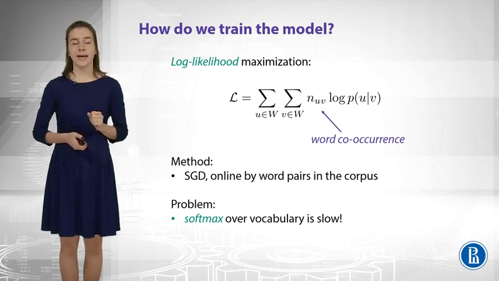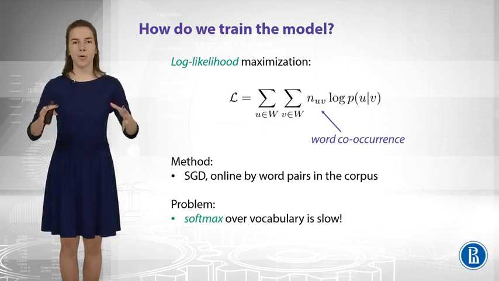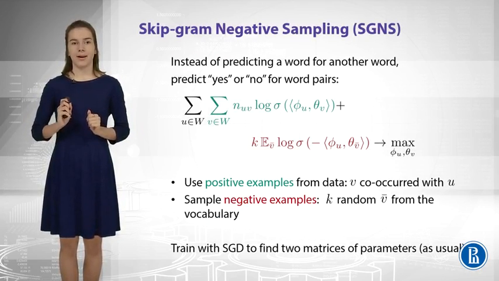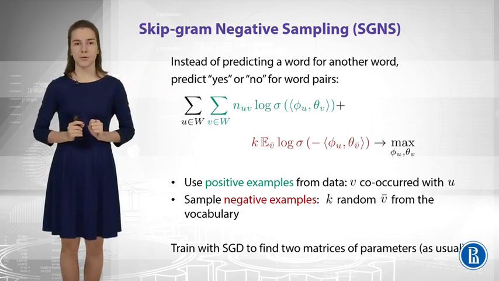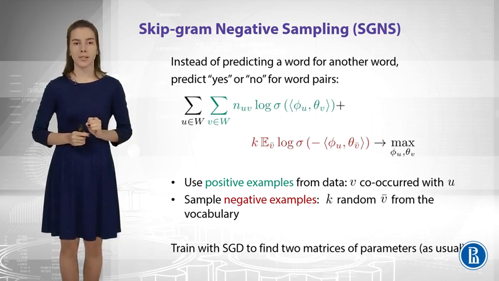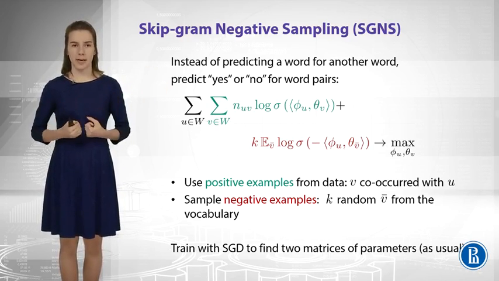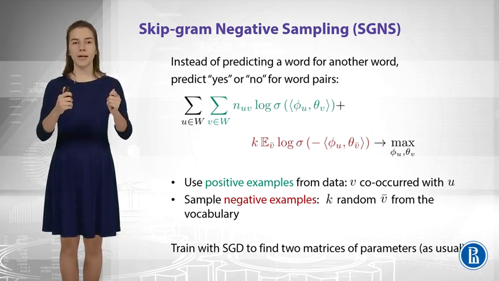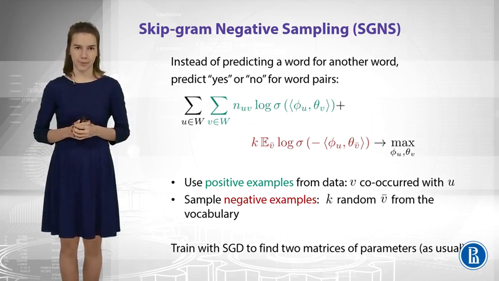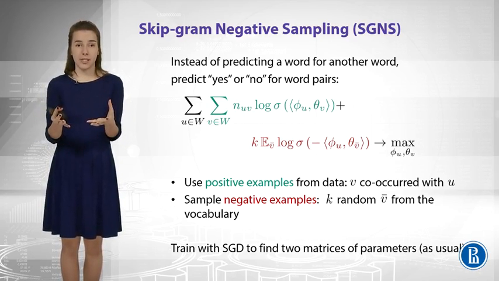Actually, we can just say, let us reformulate the whole procedure. Like that. You can see that we have some green and red parts of this slide. The green part corresponds to positive examples. The positive examples are about those pairs of words, u and v, that co-occur together. We just take it from data, right?